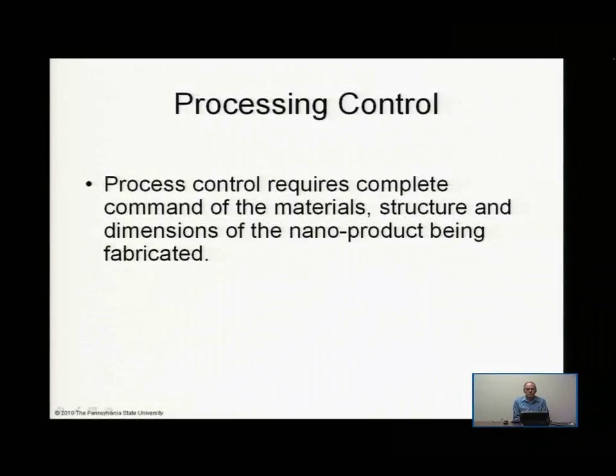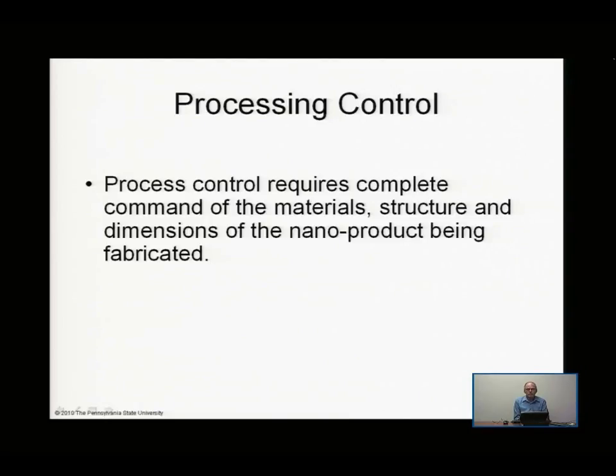And we talked about the term processing. Usually folks say process control instead of processing control, but both terms are used. And process control requires complete command of the materials, structure, and dimensions of the nanoproduct being fabricated. In other words, at the nanoscale, you have to really be in charge.